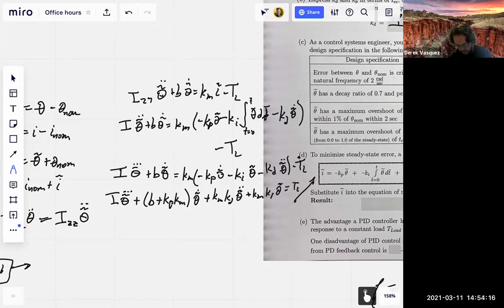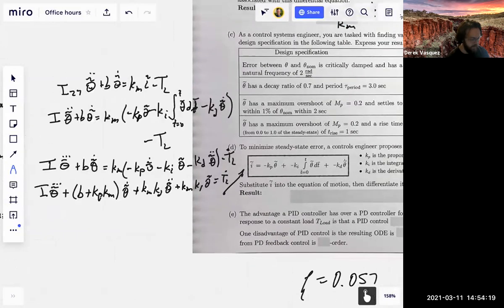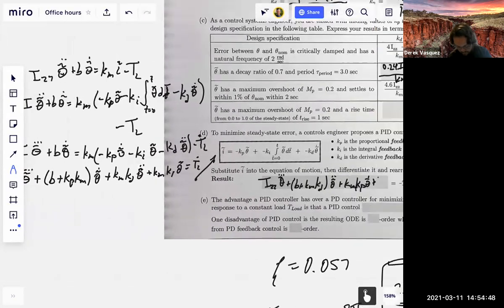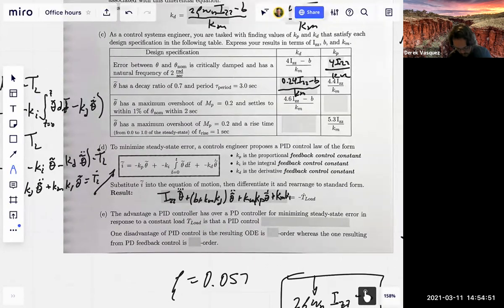And that's equal to minus T_load dot. And that comes into here, so I_zz theta tilde triple dot plus B plus k_m k_d theta tilde double dot plus k_m k_p theta tilde dot plus k_m k_i theta tilde. Questions about that one?